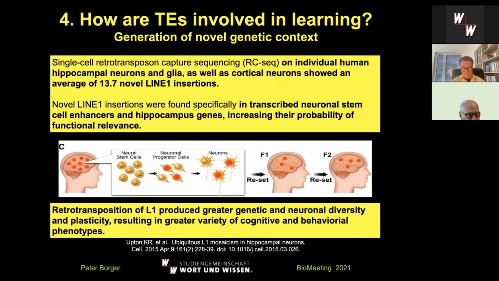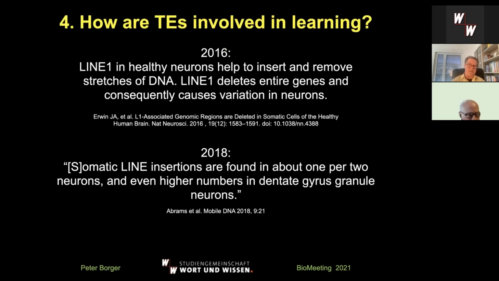So this differentiation in neurons appears to also be driven by variation-inducing genetic elements that we call LINEs, LINE-1 in this case. Here are 2 more studies in 2016, where LINE in healthy neurons helps to insert and remove stretches of DNA.